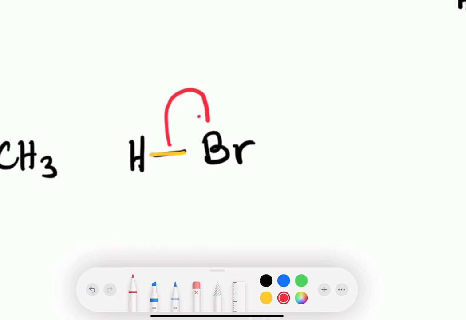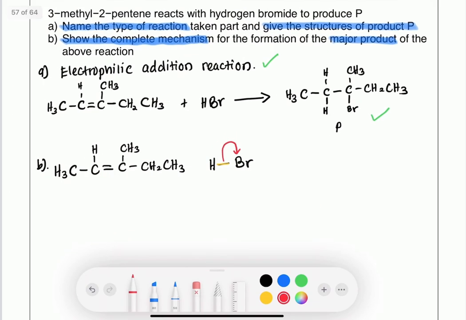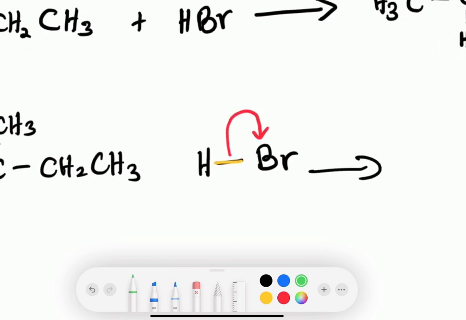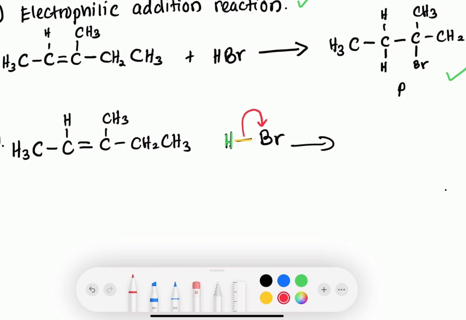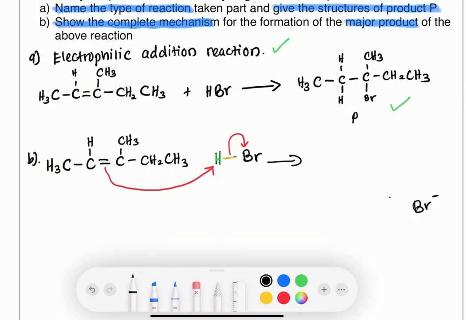Both of the electrons will be given to bromine to produce Br minus, and this H will be H plus. So the double bond, which is a nucleophile, will attack the H plus to produce this. So our H will go here.